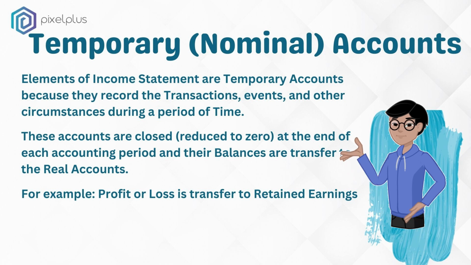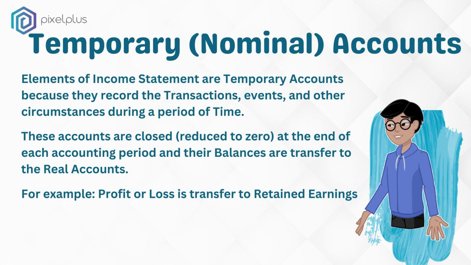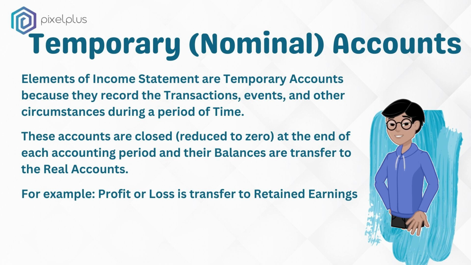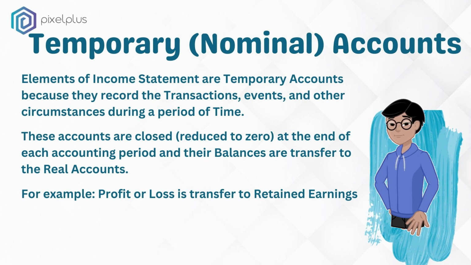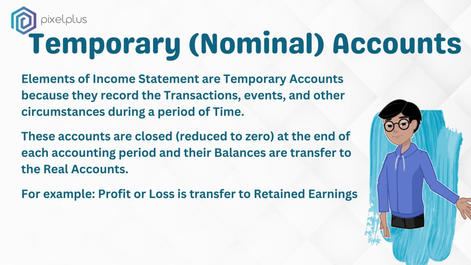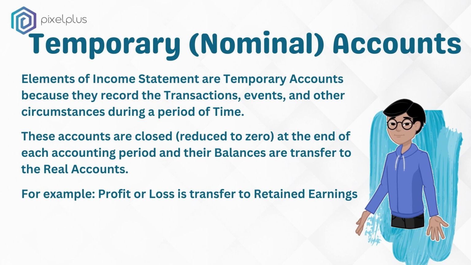Elements of the income statement are temporary accounts because they record the transactions, events, and other circumstances during a period of time. These accounts are closed or reduced to zero at the end of each accounting period, and their balances are transferred to the real accounts in the balance sheet. For example, profit or loss is transferred to retained earnings.